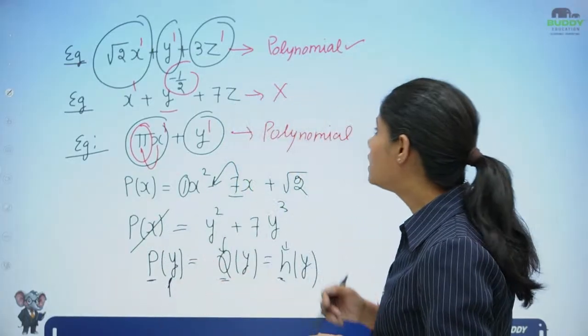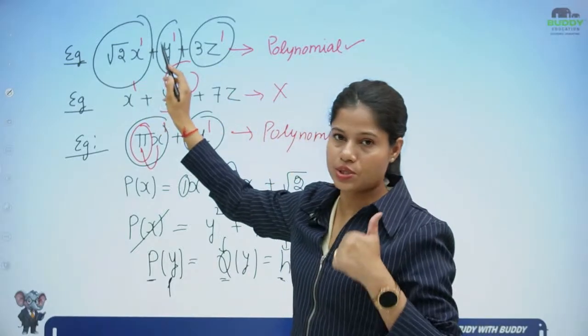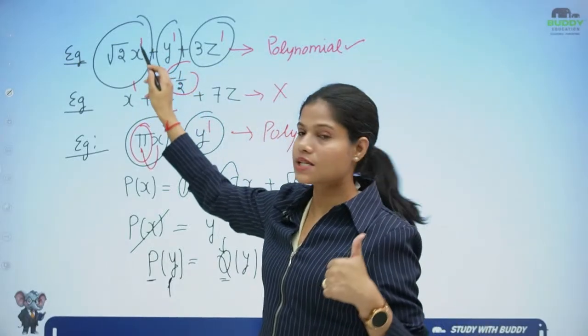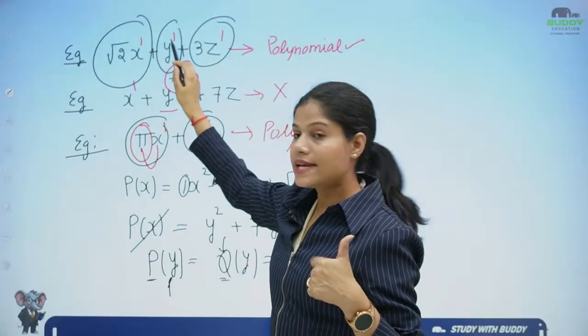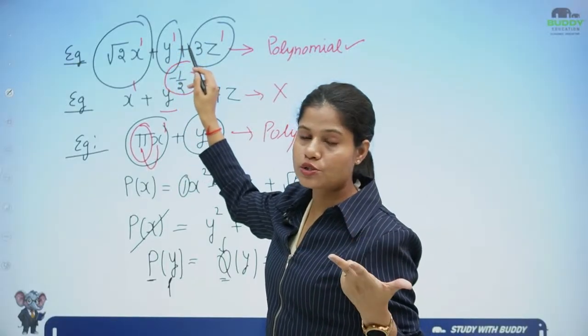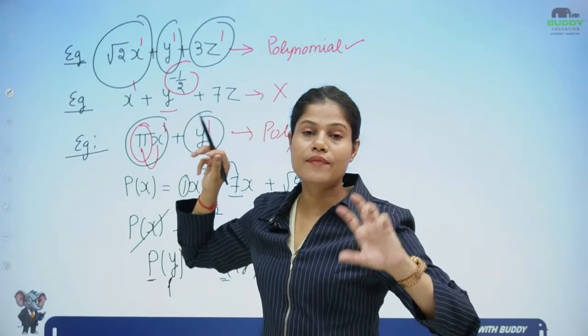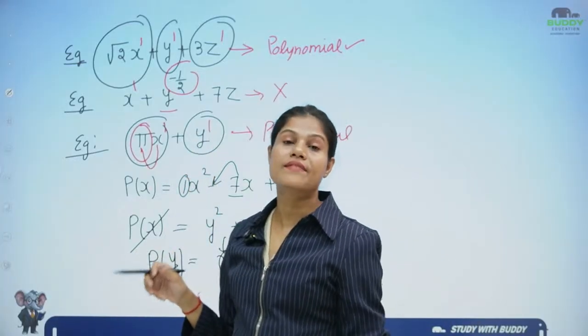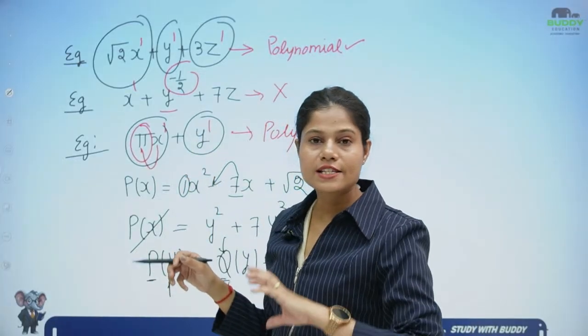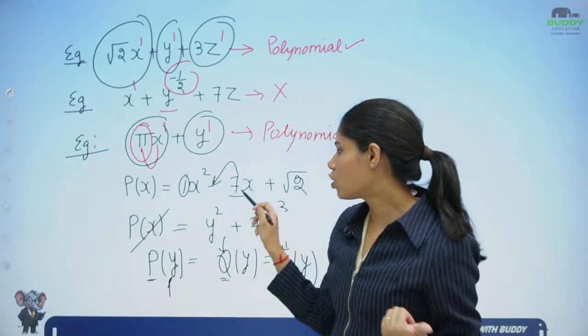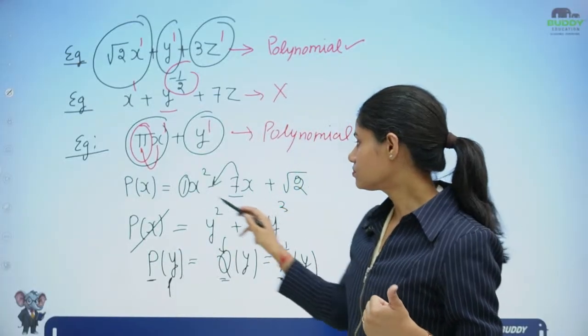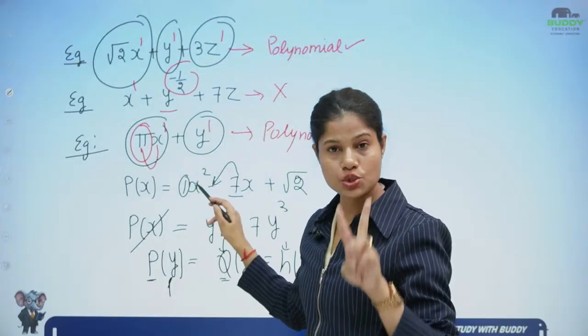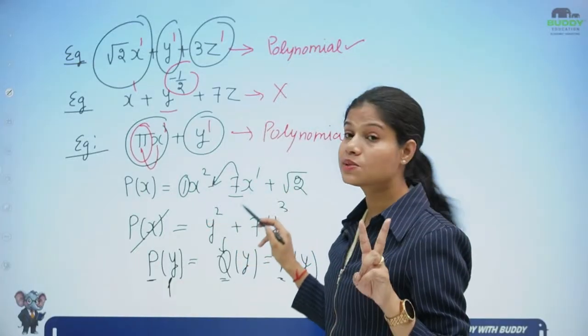For example, if I talk about the first example, the power of x is 1, the power of y is 1, the power of z is also 1. All are variables. So you have to count which variable is having the highest power. So the highest power is 1 over here. But if I talk about this example, the power of x over here is 2, the power of x here is 1, right?